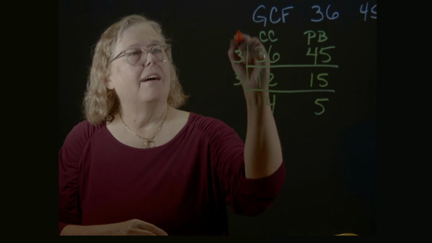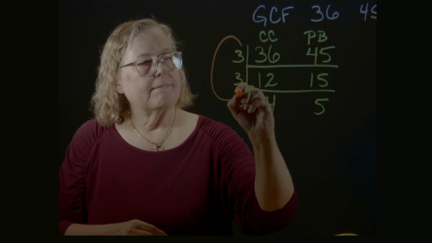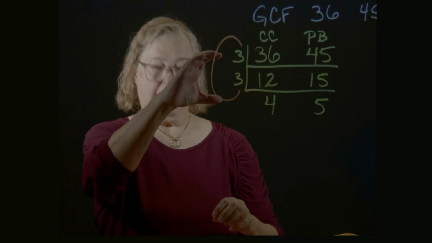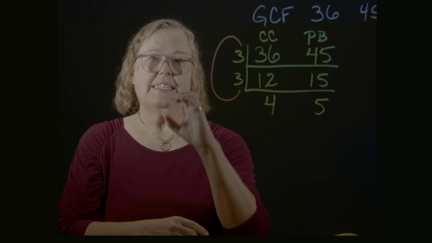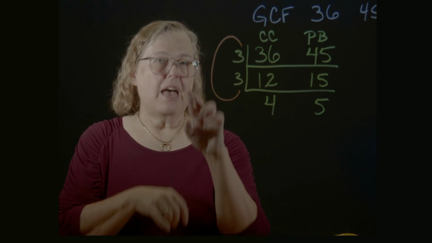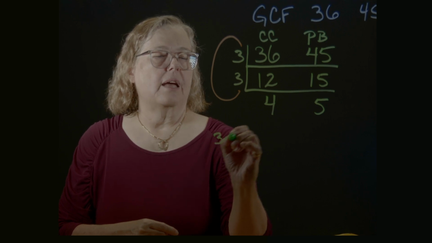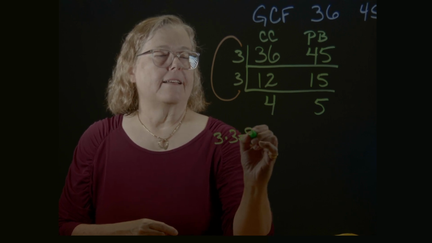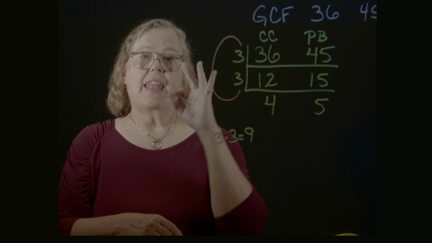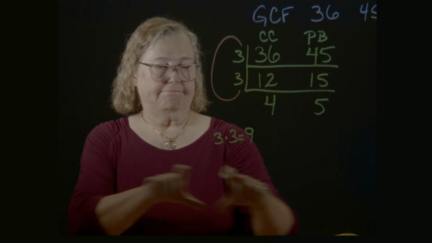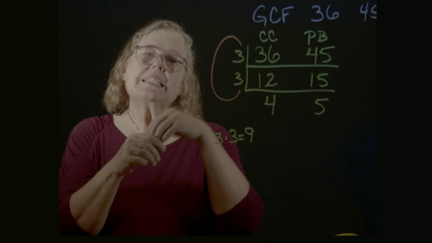So I'm going to draw my C. These are my common factors. So the GCF, the greatest common factor, would be 3 times 3, which equals 9. So I'm going to have 9 bags. How many cookies in each bag?